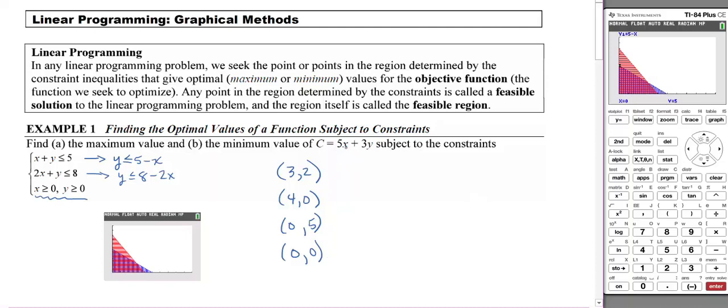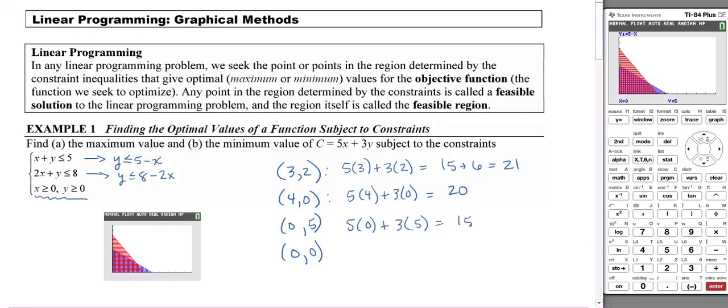Let's go ahead and put these into the function that we are supposed to optimize. So it'll be 5 times the x value plus 3 times the y value. So that's 15 plus 6, which is 21. 5 times 4 plus 3 times 0 is going to be 20. 5 times 0 plus 3 times 5 is 15.